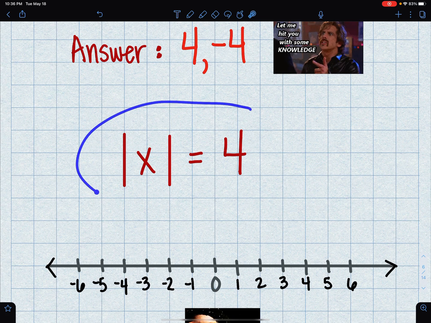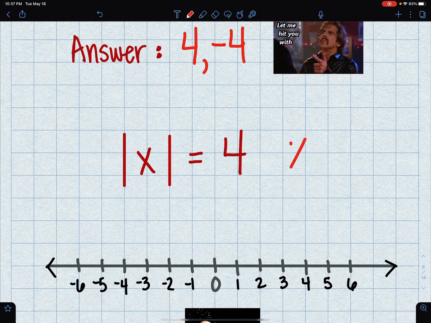So if you have the absolute value of x is equal to 4, the answers are going to be x is equal to positive 4 and negative 4.